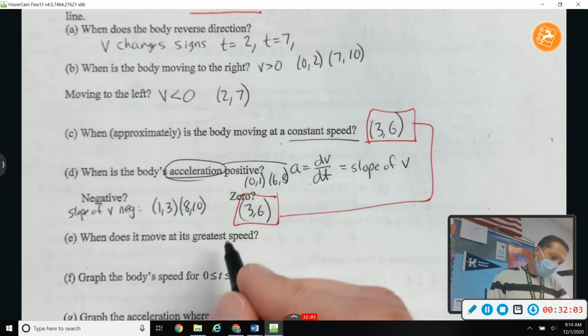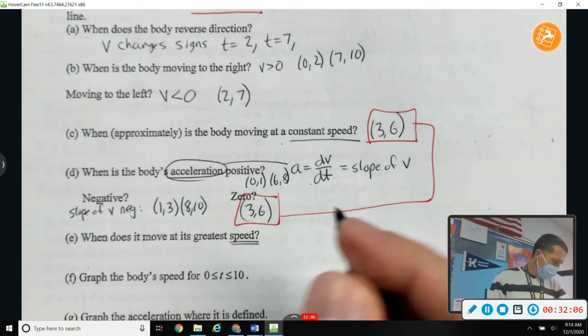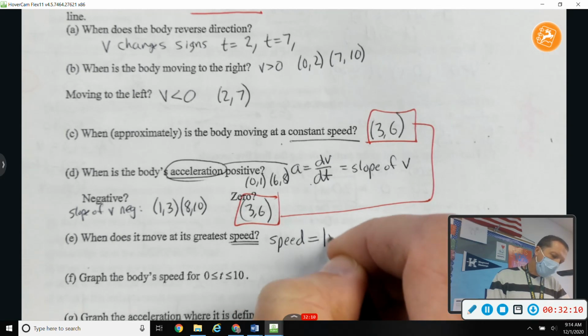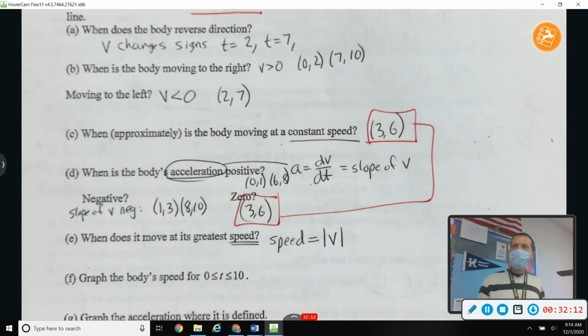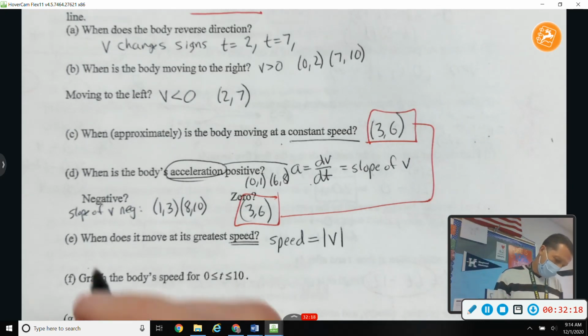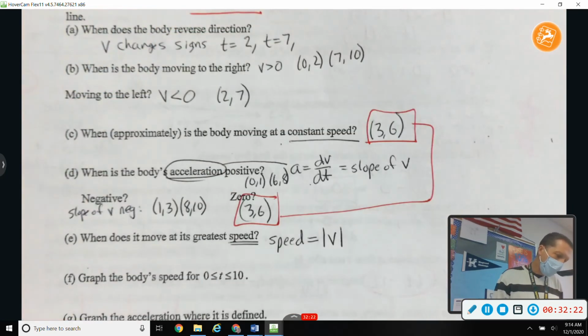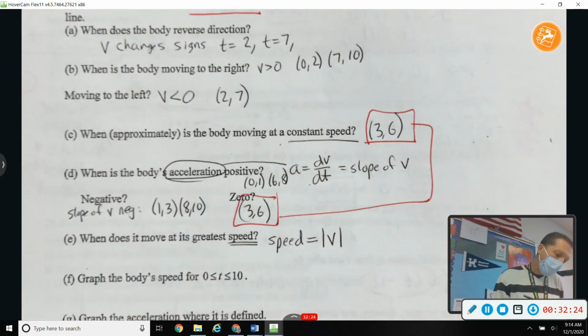When does it move at its greatest speed? All right, we kind of talked about this earlier. Speed is the absolute value of velocity. So speed means we don't care about positives or negatives. So it's going fastest when the velocity is 3, or speed is 3.